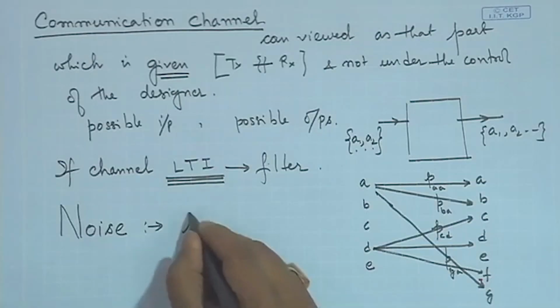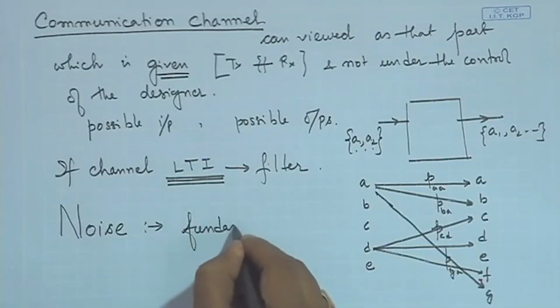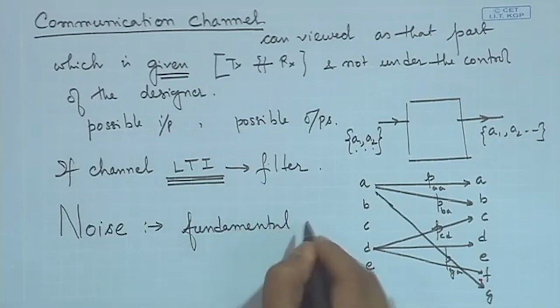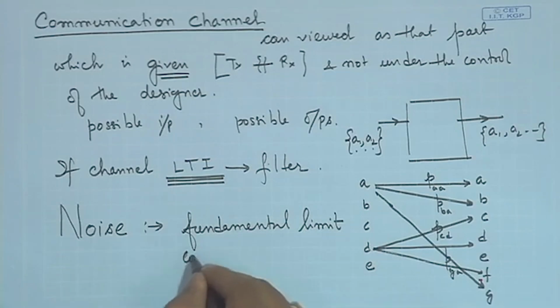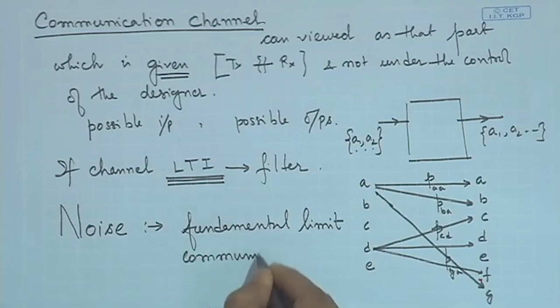Further, another important thing which happened was that noise was identified as the one which gives the fundamental limit to the communication, to the maximum fundamental limit of a communication system.